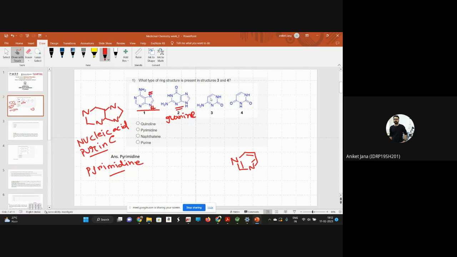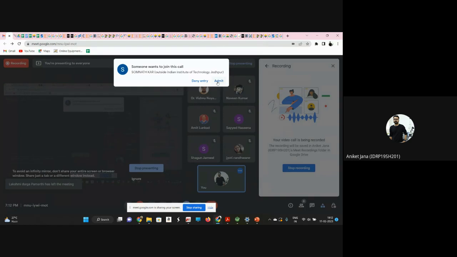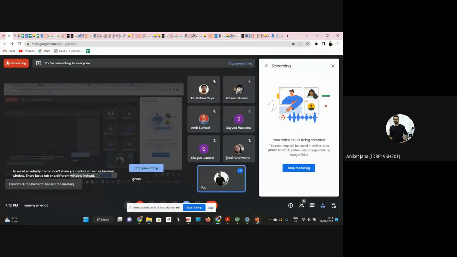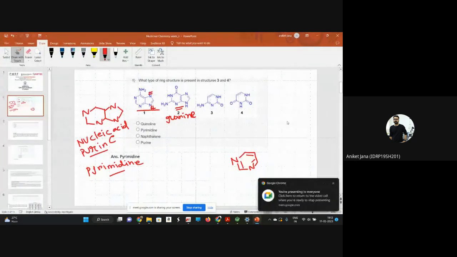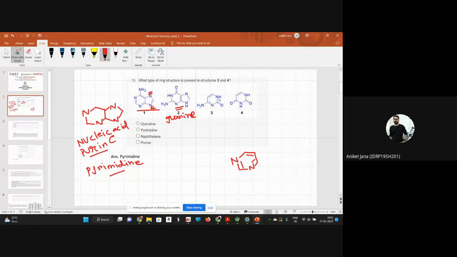Okay, so this is a derivative of pyrimidine. Obviously the basic structure is pyrimidine. The nitrogens are at the 1,3 positions, but instead of the double bond, the carbonyl group is there, right? So we can say this is the pyrimidone structure.